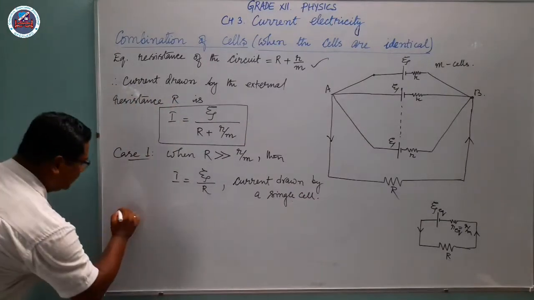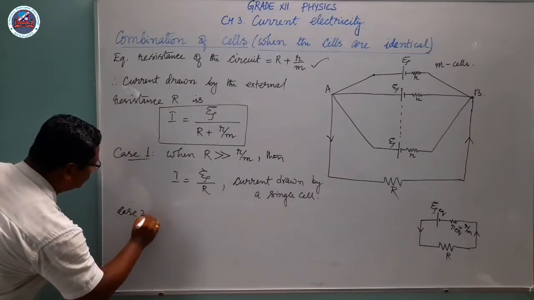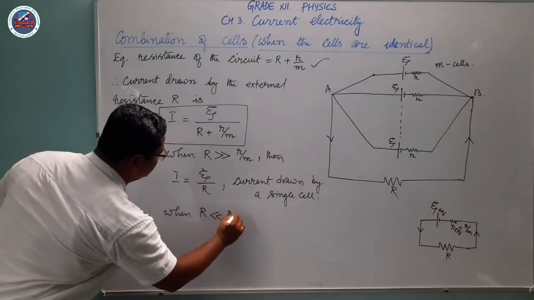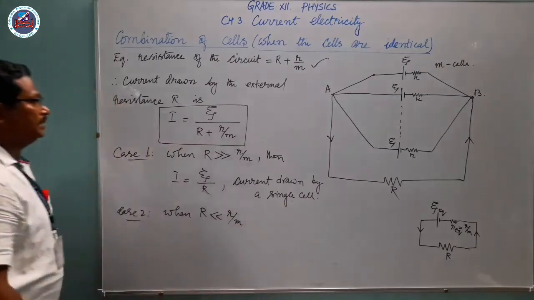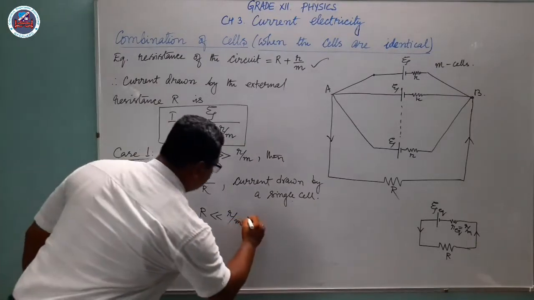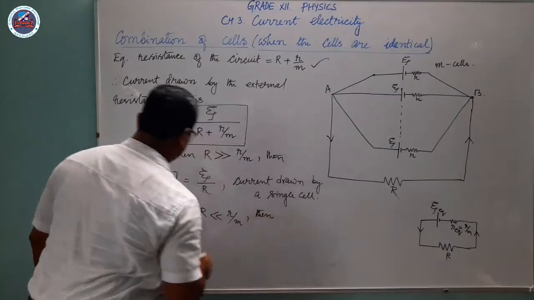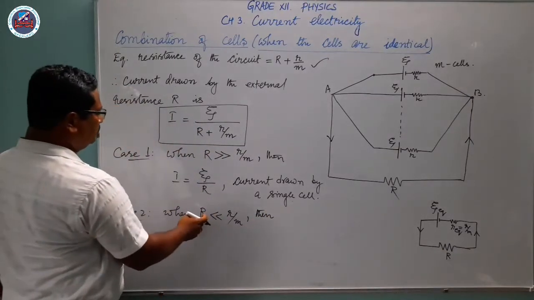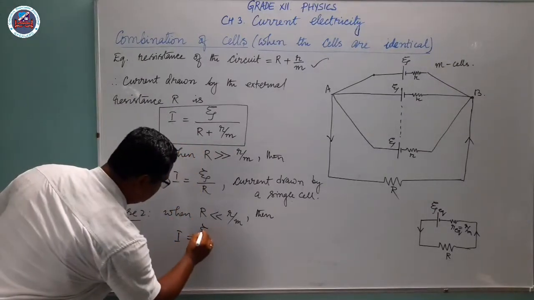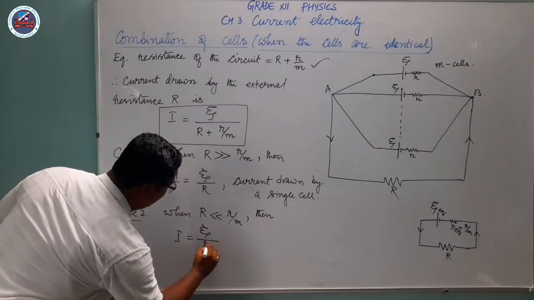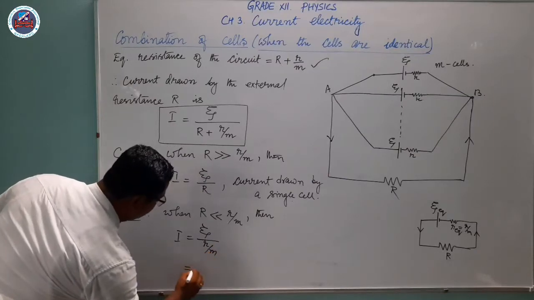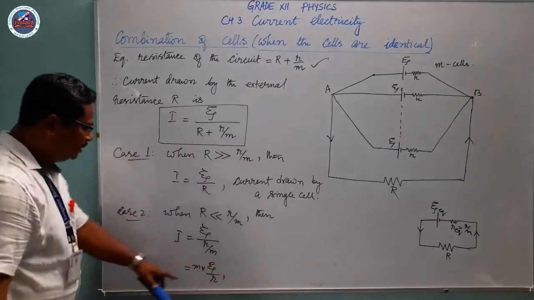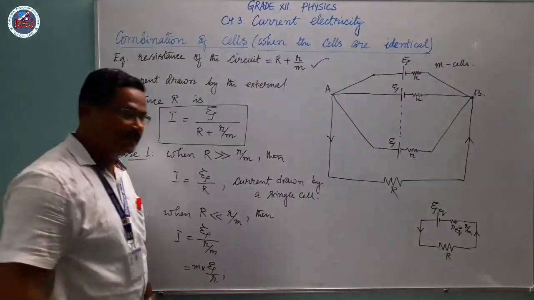Now the second case, case 2: when R is very small as compared to the equivalent internal resistance of the cells, then current I is equal to epsilon divided by R by M. It will become M times epsilon by R. It is M times the current drawn by a single cell.